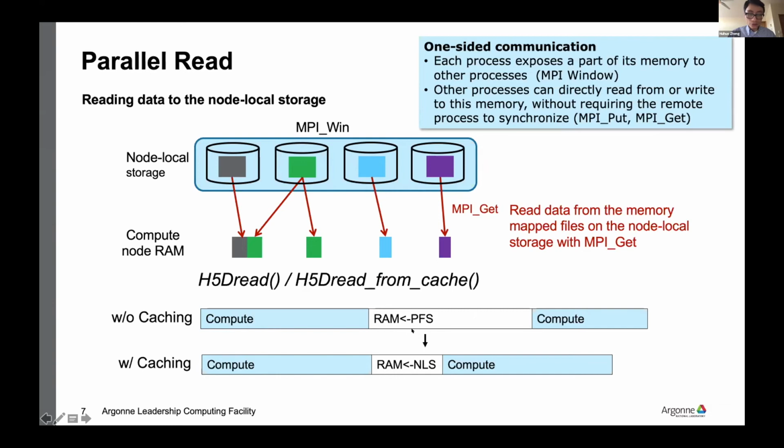Essentially, what we have accomplished here is to change the I/O path from parallel file system to RAM into non-local storage to RAM. And we hope that at large scale, this is typically much faster than directly reading data from the parallel file system.